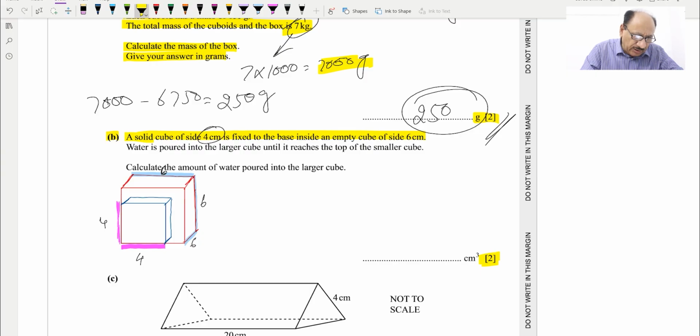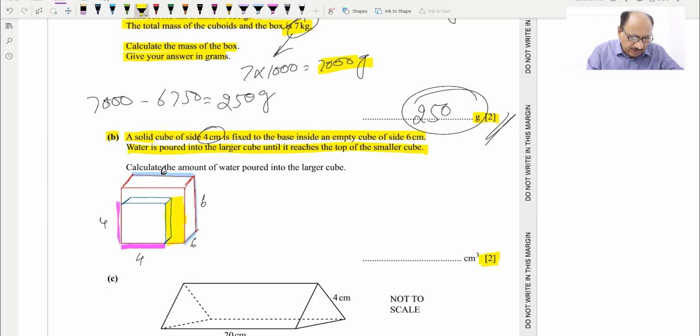Now this smaller cuboid is fixed, and they are saying water is poured into the large cuboid until it reaches the top of the smaller. So these two cuboids are joined from the base and water is filled. So water will be taking this additional space, up to the 4 height, up to the smaller cuboid.